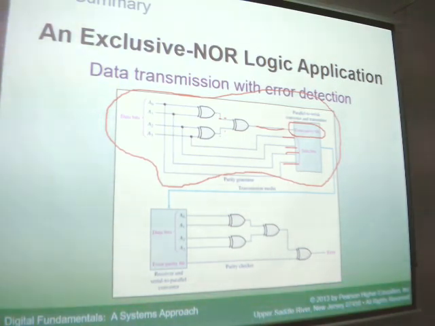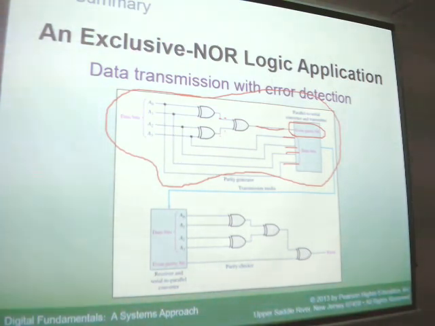And for this, the output is also 1 because 1 XOR 0 also equals 1. For this combination, 0, 0, 1, 1: 1 XOR 1 equals 0, right?